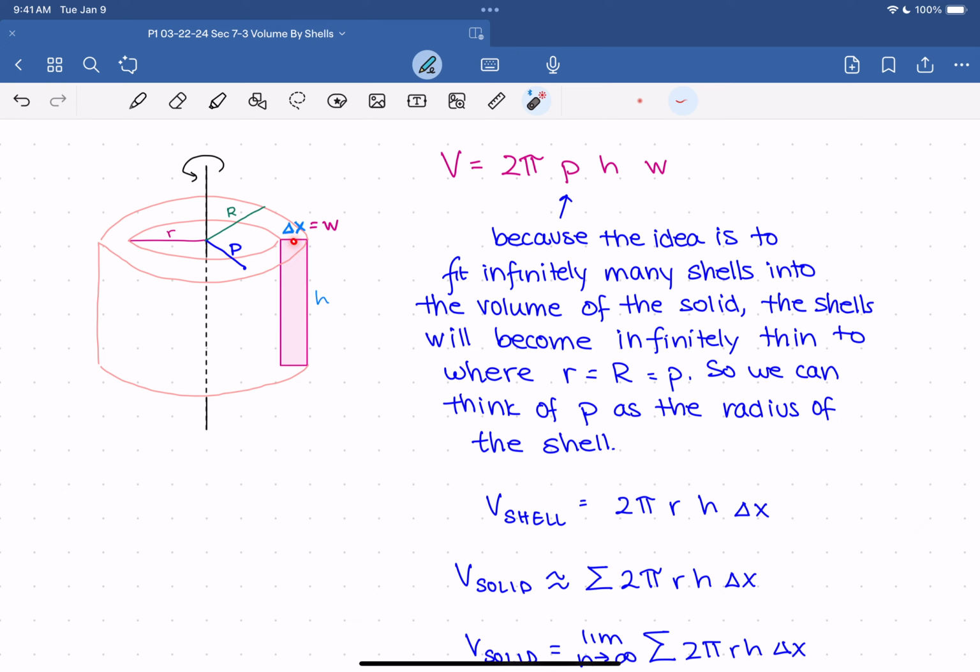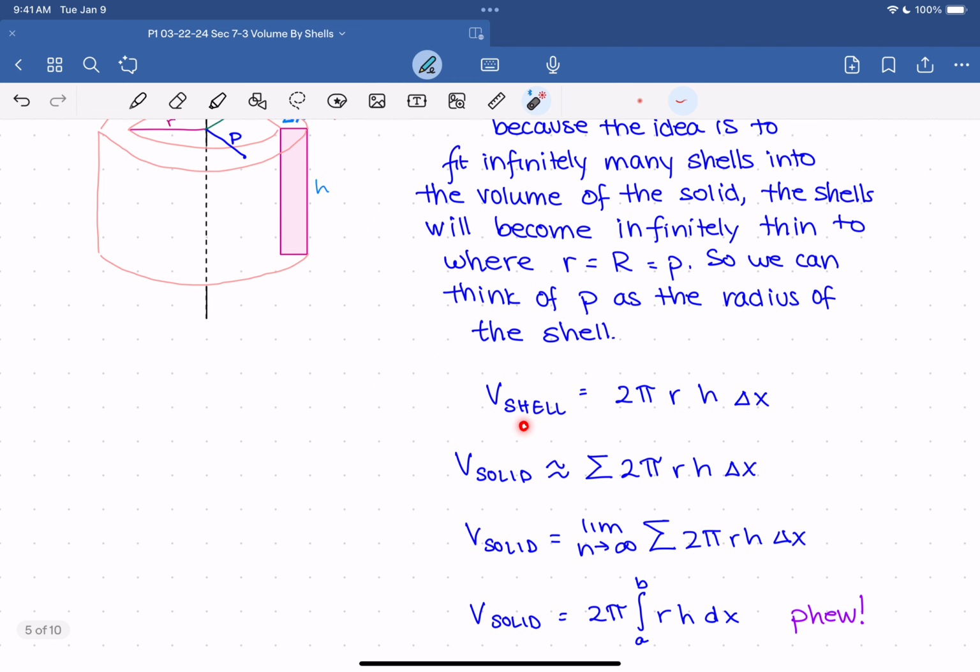And when it becomes infinitely thin, the outer radius, the inner radius, and P all essentially end up being equal to each other. And so let's just call P the radius of the shell. 2 pi radius times the height times the width, where width is going to be the thickness of the shell, the dx or dy. So the volume for one shell is 2 pi RH times dx.